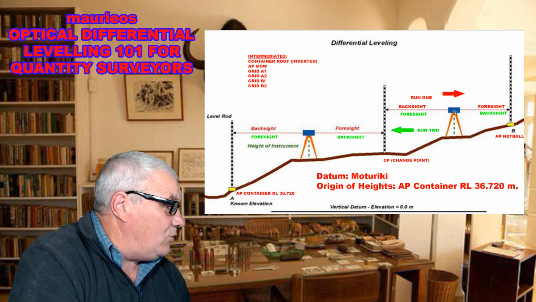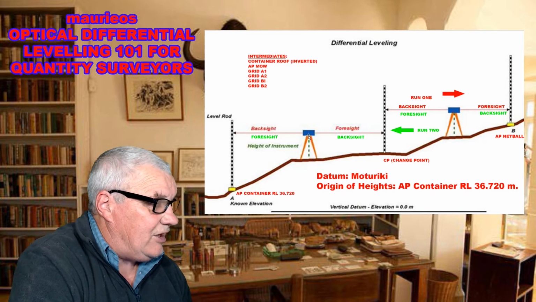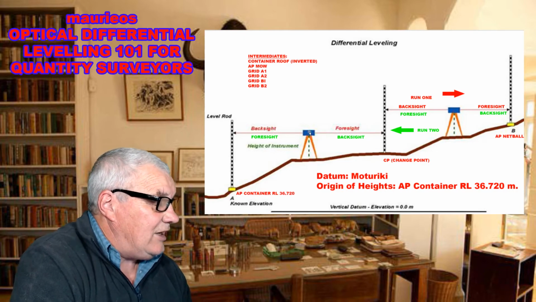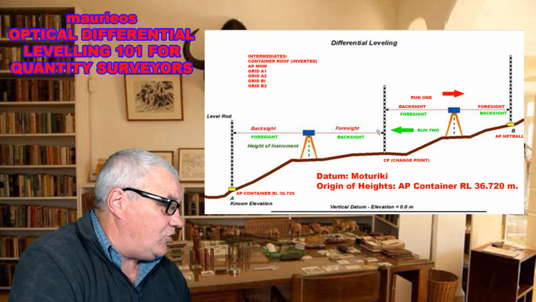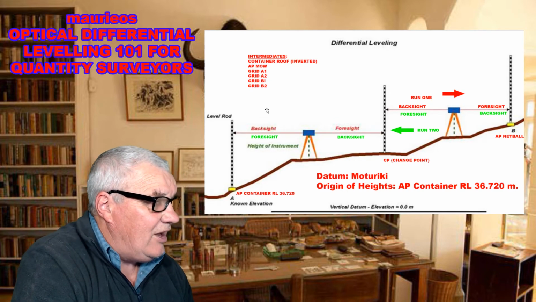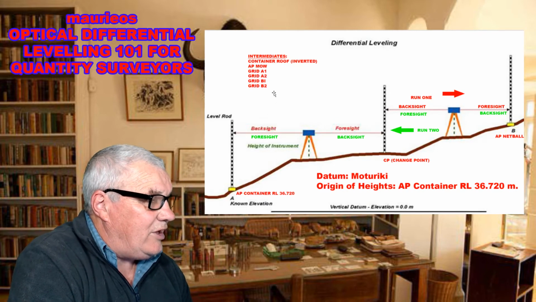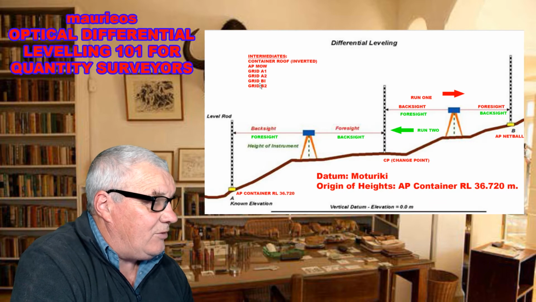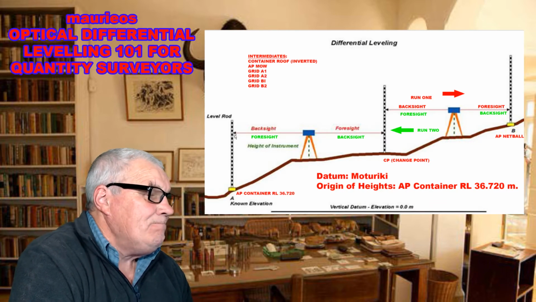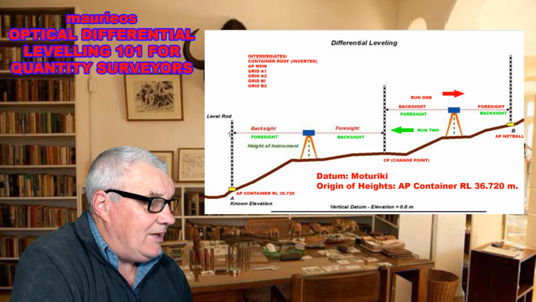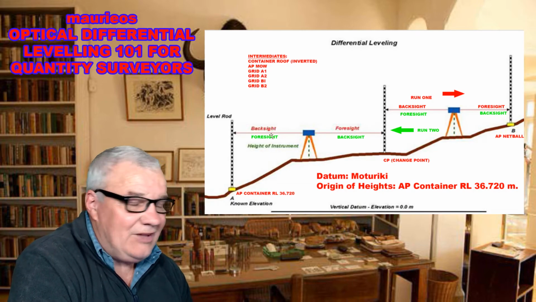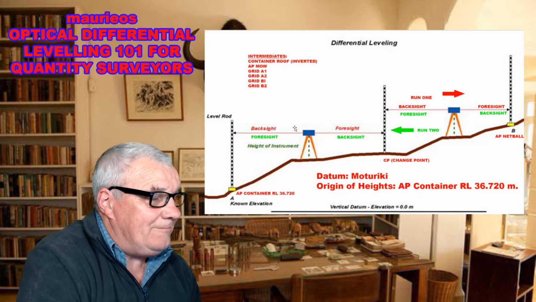And then we pick up again and do a second setup in around about this position, backsight CP change, and then we'll go back through these points backwards, B2, B1, and so on, and then a foresight to AP container, and that's our second run, our double run.